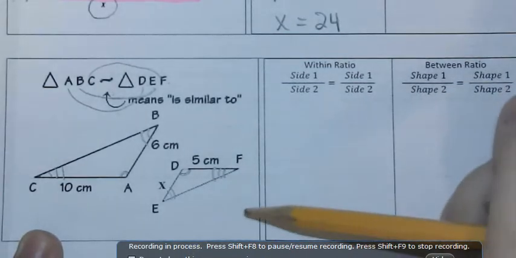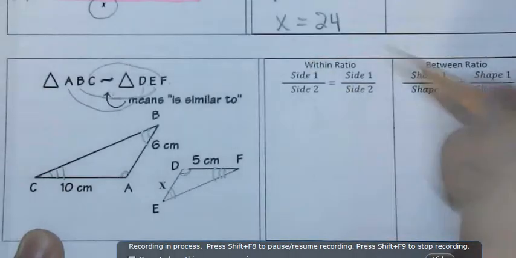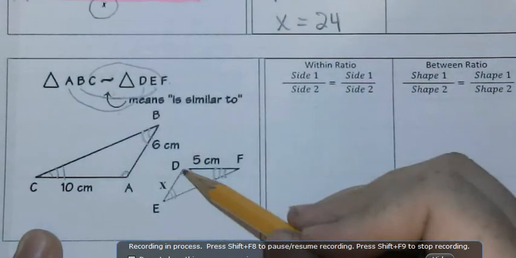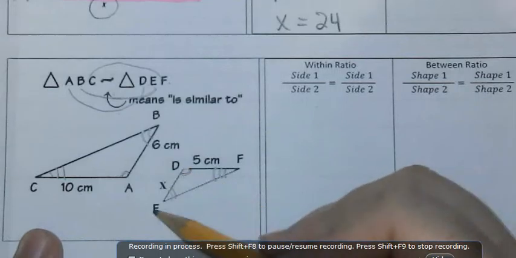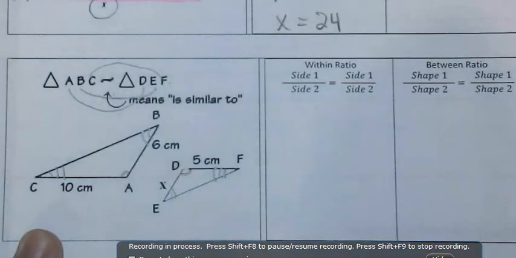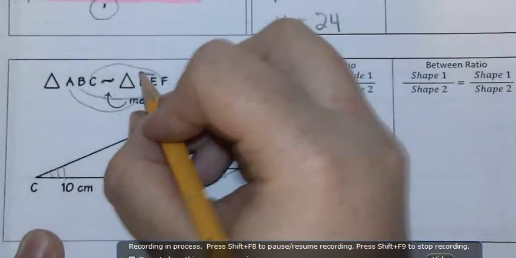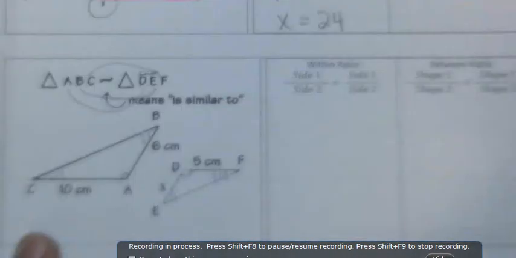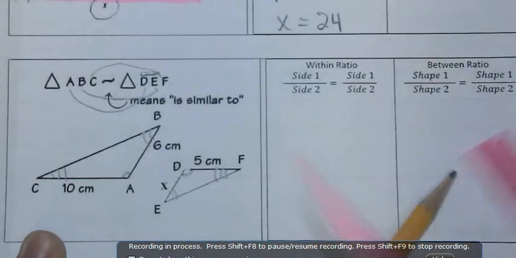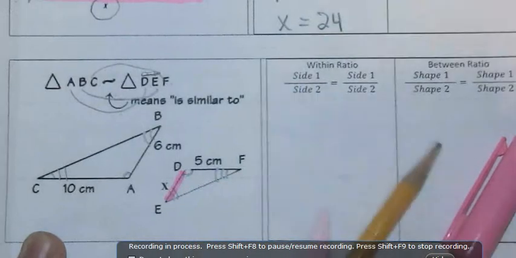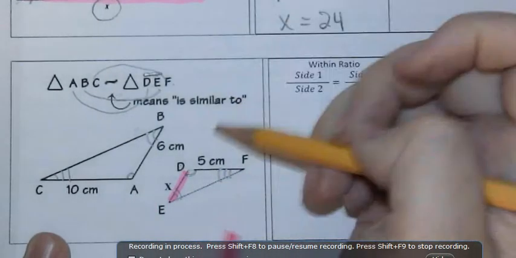So now let's think about this. Where is our missing side length? Okay, E to D or D to E. Where do we see that? Well, we see D to E right here. So let's go ahead and highlight that, because that's what we need to find. Now, which side corresponds to D to E?